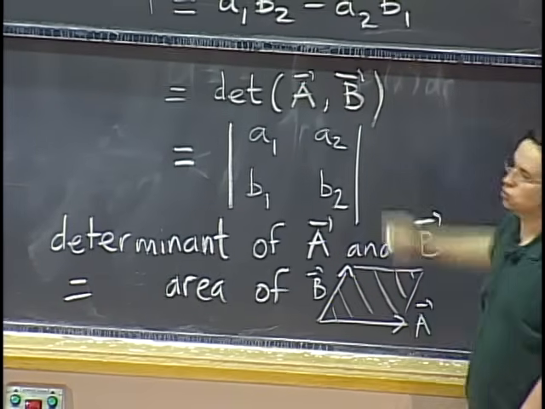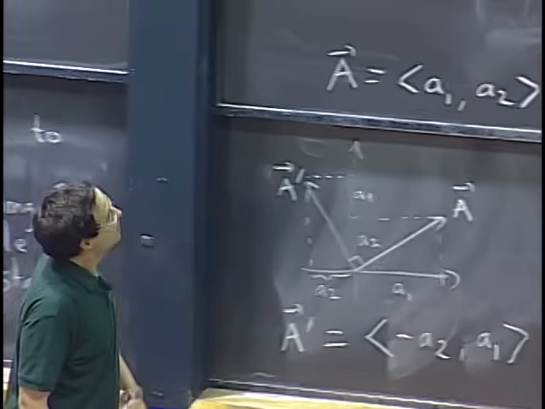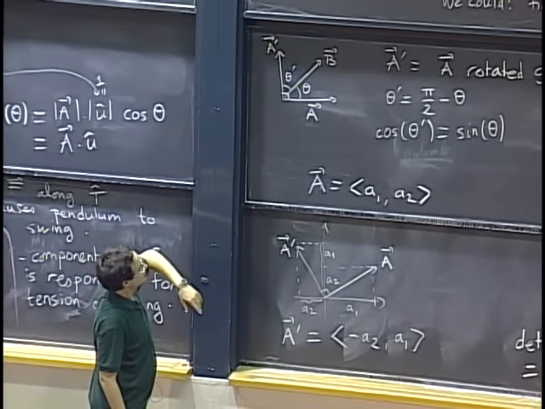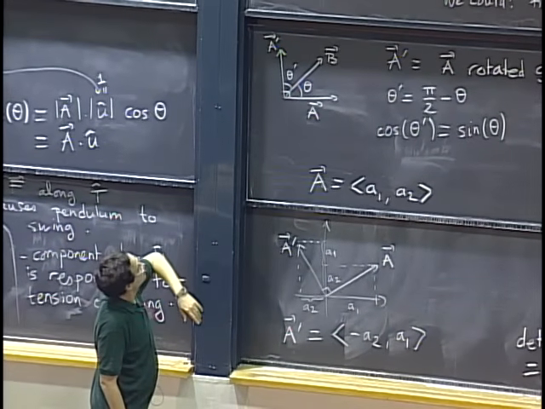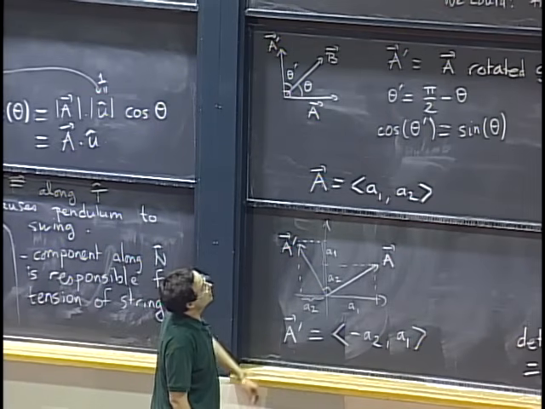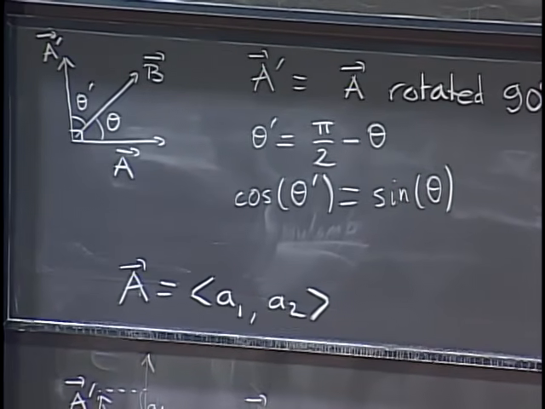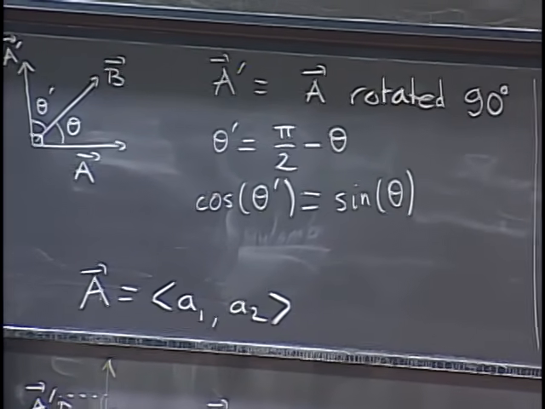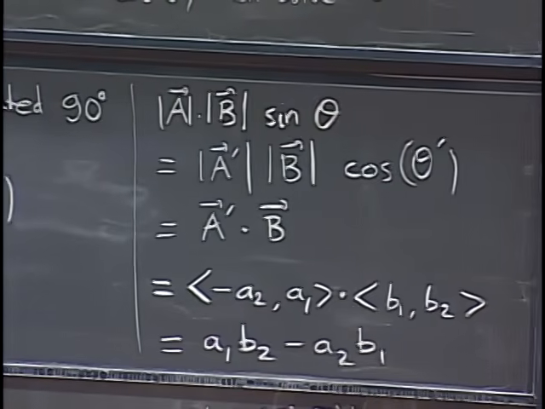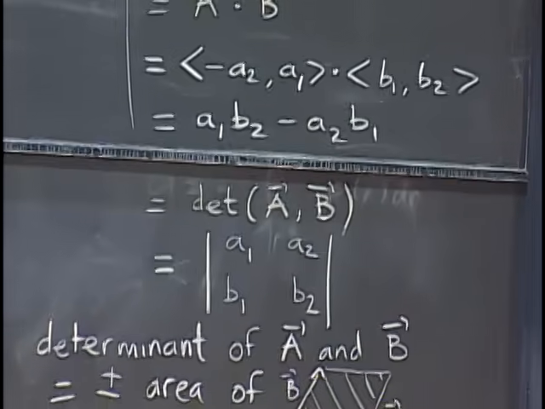This guy here has no reason to be positive or negative because, in fact, if you compute things, you will see that whether it's positive or negative depends on whether A and B are clockwise or counterclockwise from each other. I mean, the issue that we have, well, when we say the area is 1/2 length A, length B sine theta, that was assuming that theta is positive, that its sine is positive. Otherwise, if theta is negative, maybe we need actually to take the absolute value of this. So just to be more truthful, I will say the determinant is either plus or minus the area.